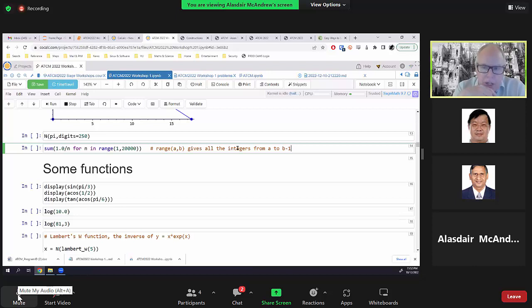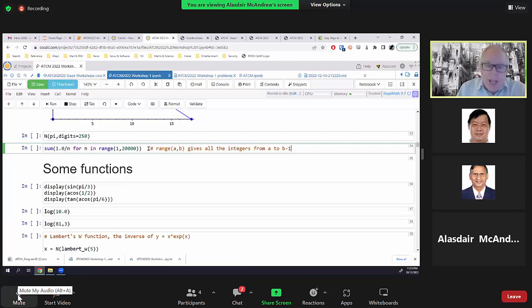The point about Python is it starts all lists indexed at 0. There's a long discussion amongst computer scientists whether lists should be indexed at 1 or 0. And quite some years ago, Edsger Dijkstra, the famous Dutch computer scientist, claimed that 0 was the best place to start and wrote very persuasively about it. Well, Python starts at 0, but some languages don't. MATLAB, for example, starts at 1.